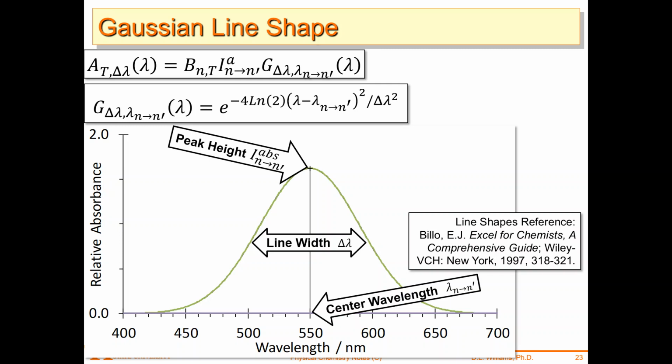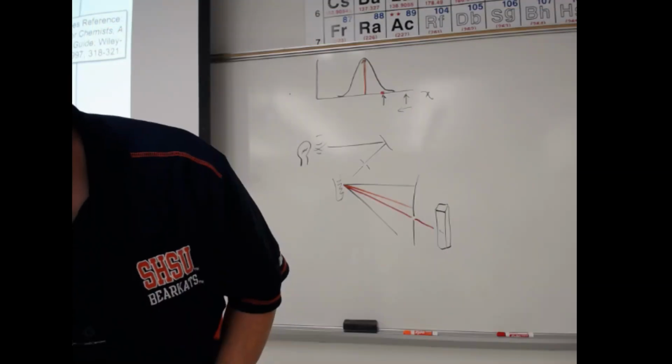I didn't write that on the week 5 vocabulary, so write this down. I was coming up with them really quickly this morning. So line width at half maximum. Full width at half maximum. So let's go back to 5 here.